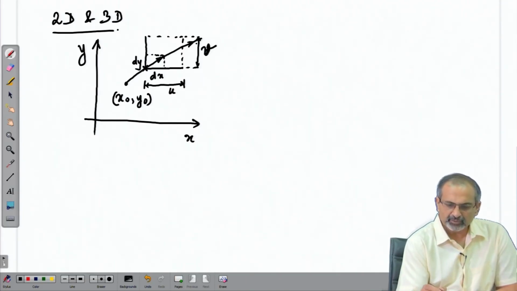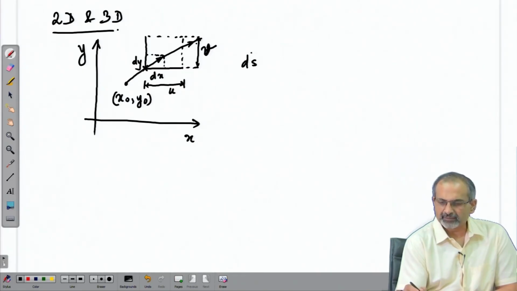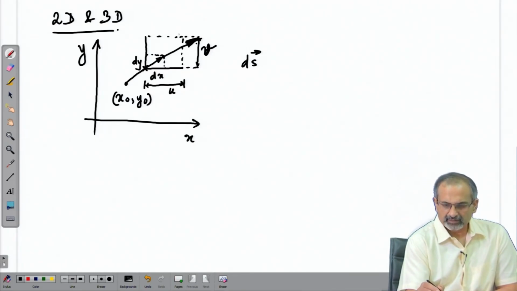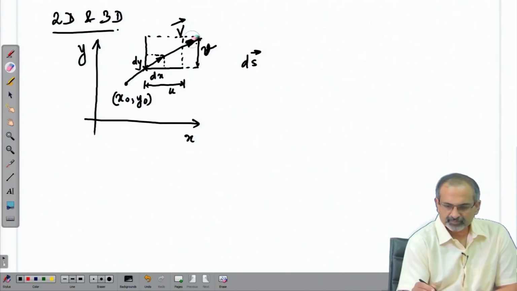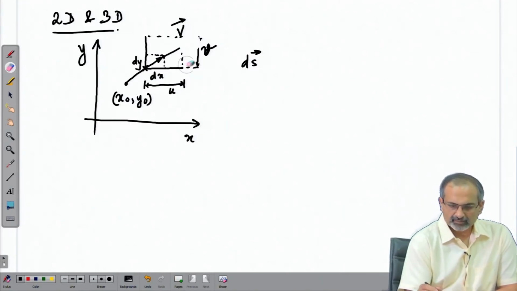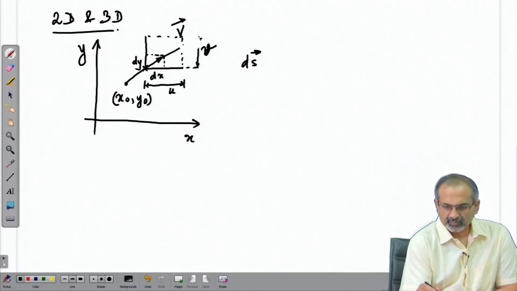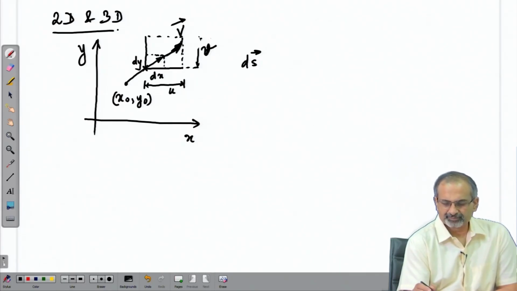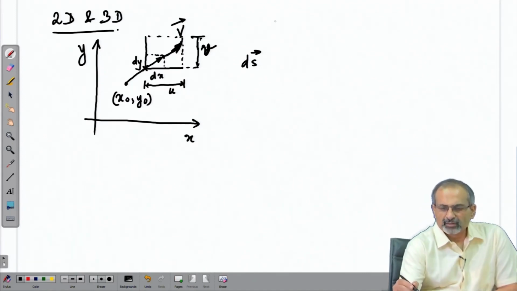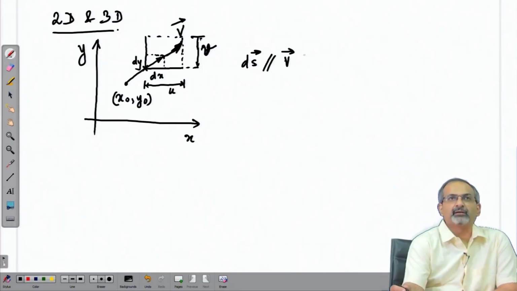So, the dx and dy combination basically defines the ds there, and the v is the longer velocity vector which is comprised of the components. So, the basic idea is that ds and v are parallel to each other.